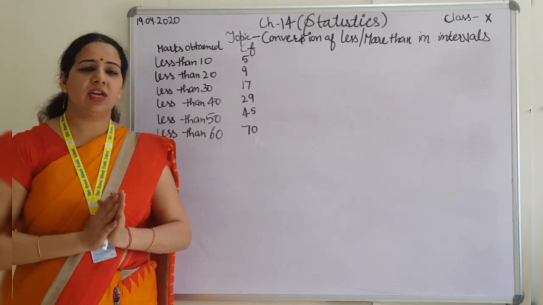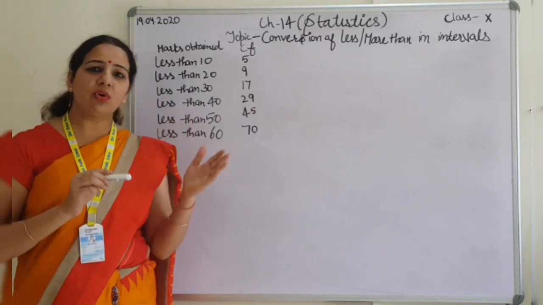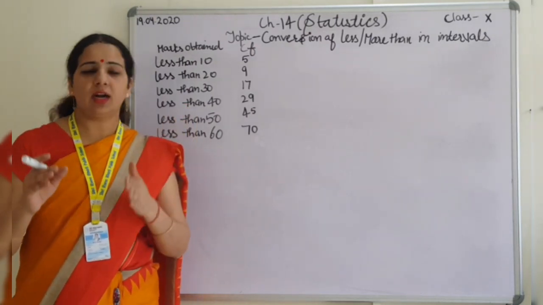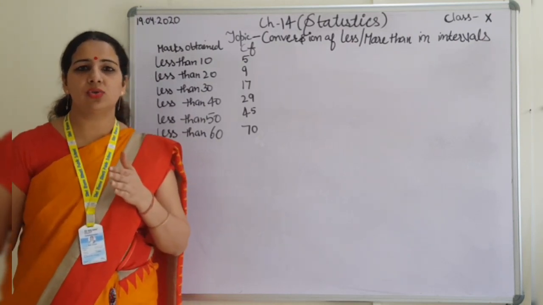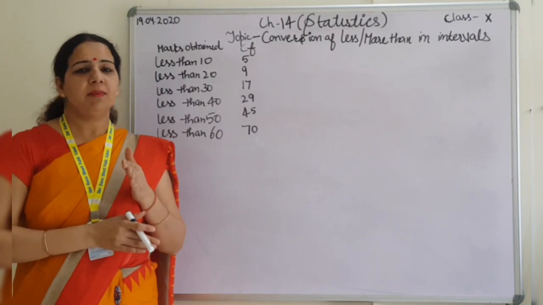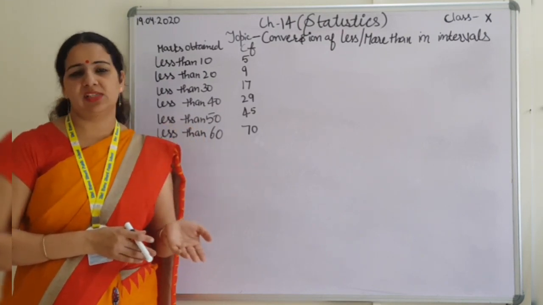But if my question is, please stand up those who have scored more than 20, then 20 to 30 will also come, and after 30 also, these students will also come. It means at this time we are going to add the students of the previous one.